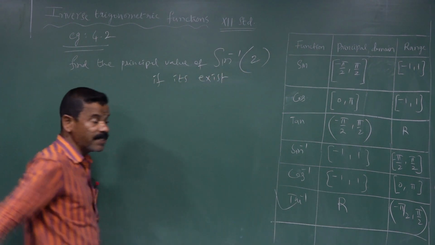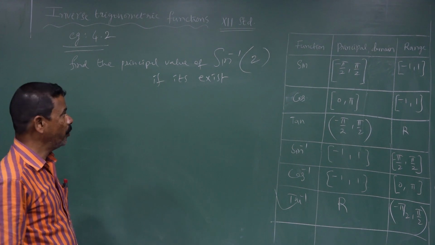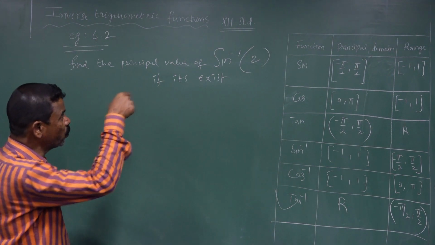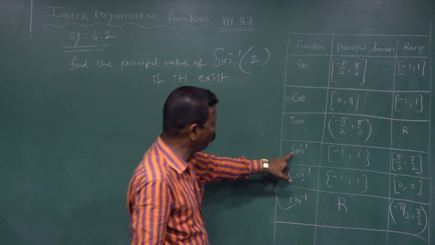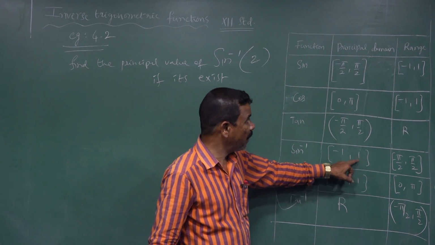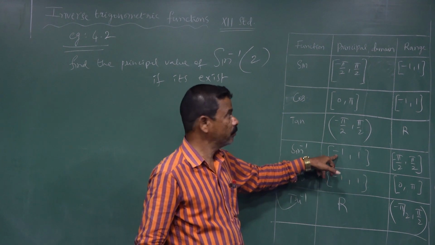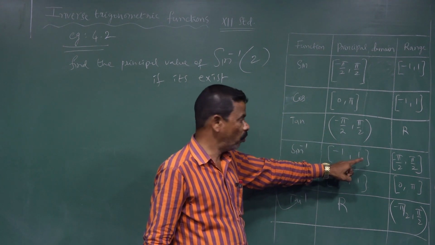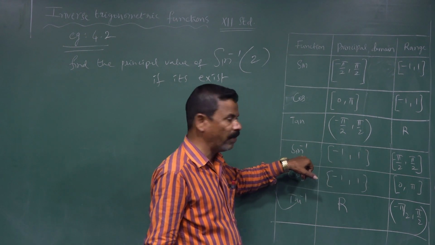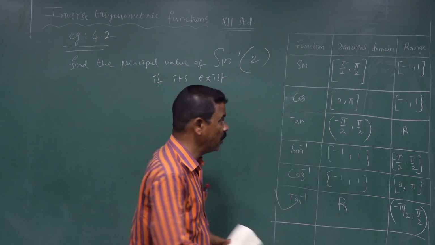Whether a question exists or not is also an important thing. Sin inverse 2 is given. The inverse function's domain is minus 1 to plus 1, this is the principal domain. So 2 is more than 1, and for more than 1, the sin inverse function does not exist.